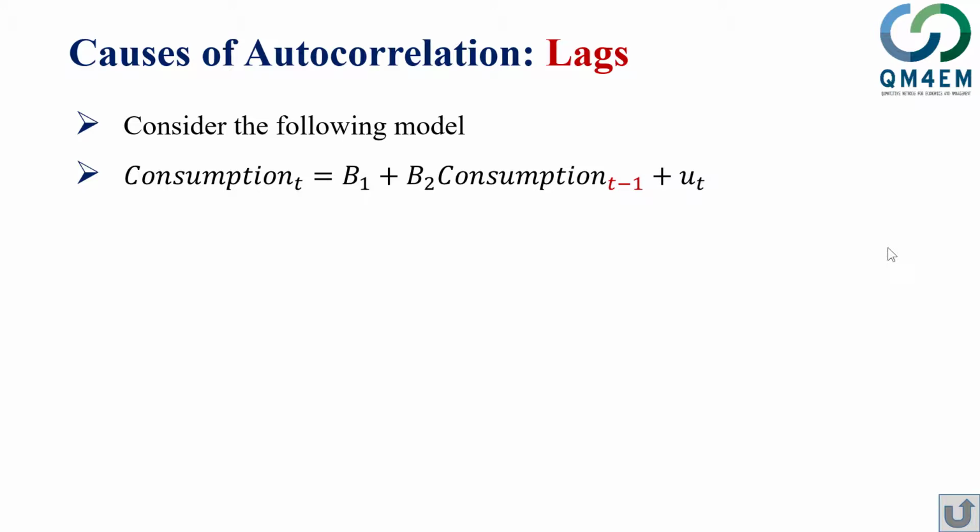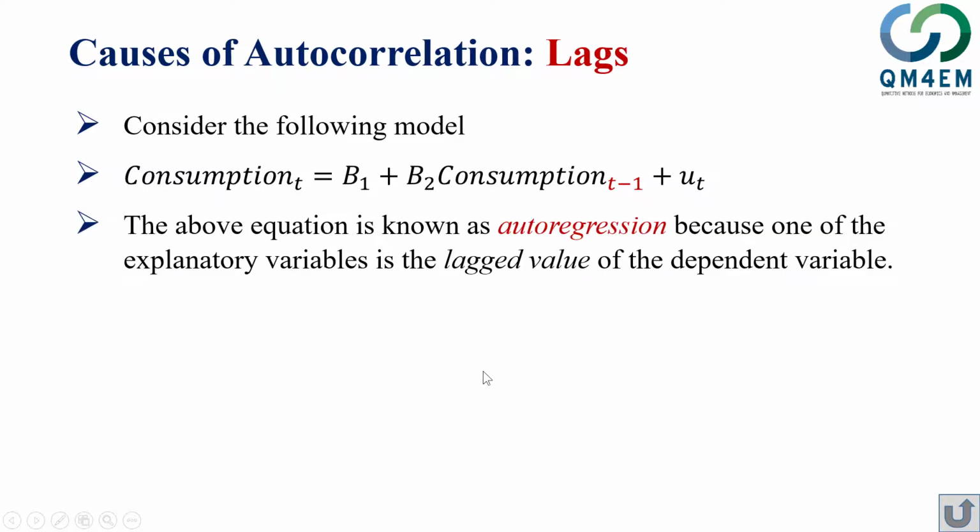In this particular model, we can see clearly that the dependent variable is measured in period t, and the independent variable is the same variable measured in t-1, or the explanatory variable is the lag value of the dependent variable. So the above equation has a special name. We call it an autoregression model, because the explanatory variable is the lag value of the dependent variable. So these models are called autoregression models.